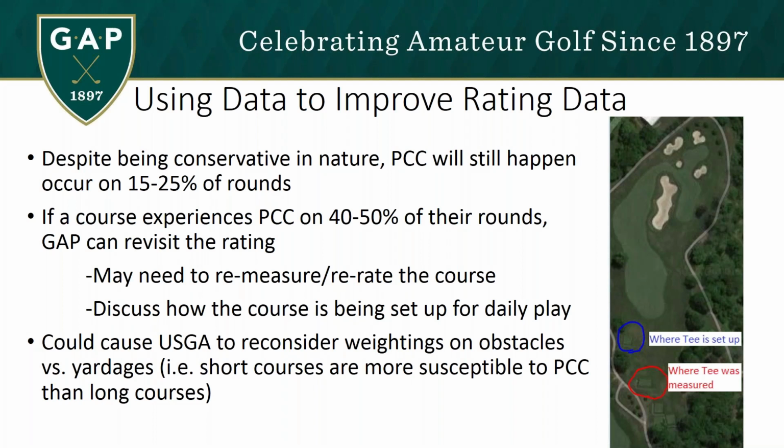I don't know the exact number of a course rating, but with this data in PCC, if we see shorter courses or longer courses continue to show up on a list, maybe they retweak some of those data points in the formula to better enhance that formula. So again, this is seen as a good thing. The more data we have, the more we're able to use it to better the experience for players and all those net competitions.